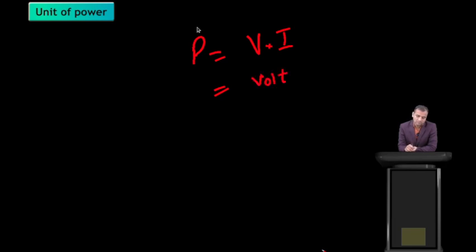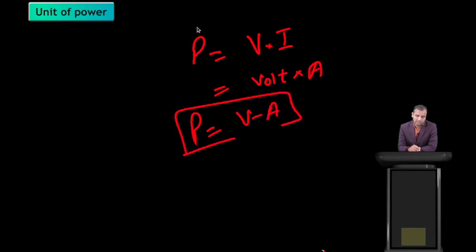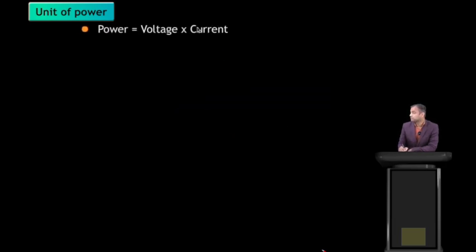Now what is the unit of I? Current. It is ampere. So the unit of power can be written as volt into ampere, volt ampere. So power equals voltage into current. It is volt ampere, or it can be written as joule upon coulomb.